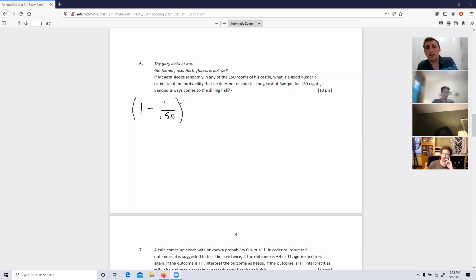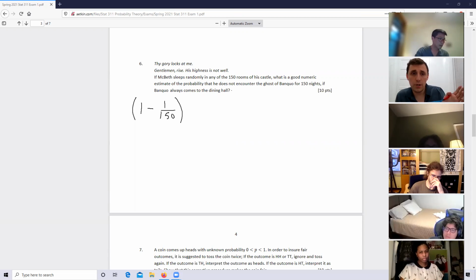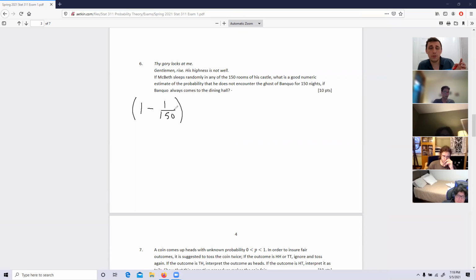Yes, and you can do that either using the third chapter, or you can do it even from this information. So it's 1 minus 1 over 150, to the power of which days? For 150 nights. So that means failing to encounter for 150 nights. So this number is what?